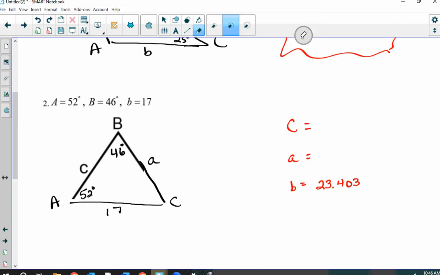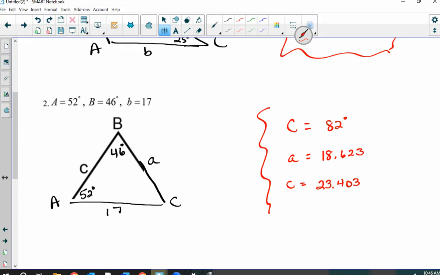Side C. Thank you. Yeah, what about angle C? 82. And what about side A? Hooray. You get Desmos, yeah.